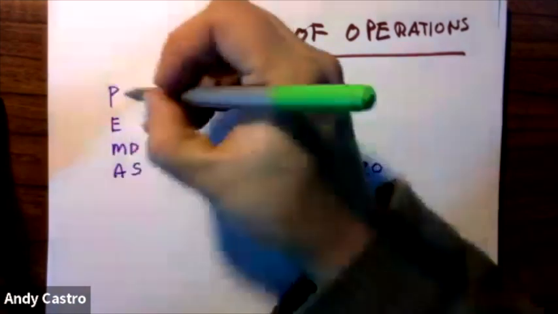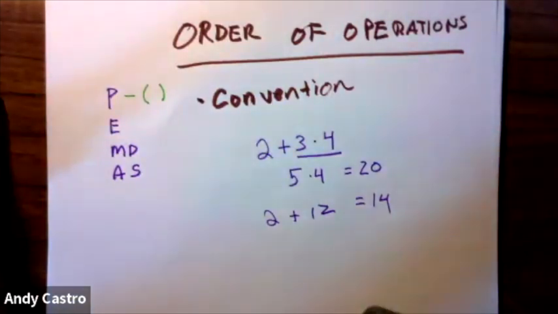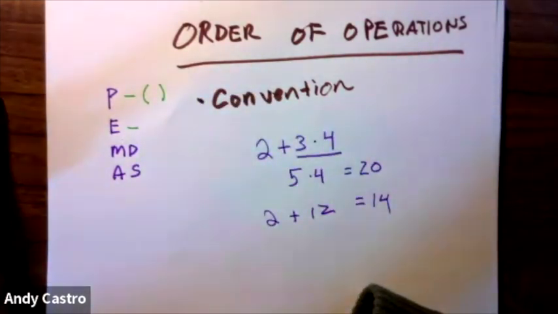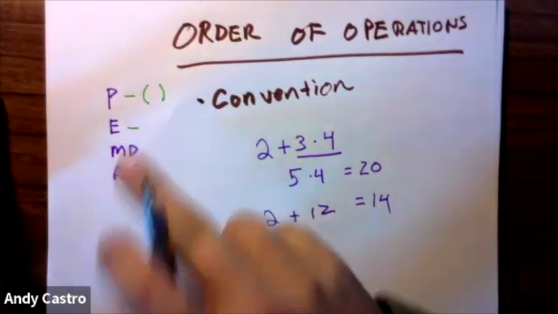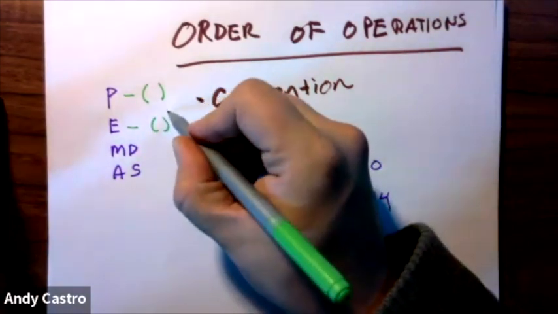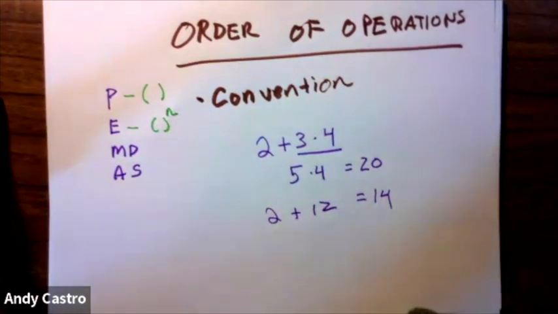Okay. P stands for parentheses. We do whatever's inside the parentheses first. E stands for exponent. So if you have a number with an exponent, you do the exponents second.